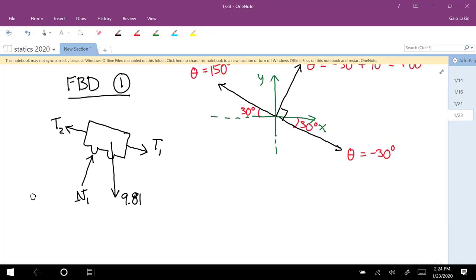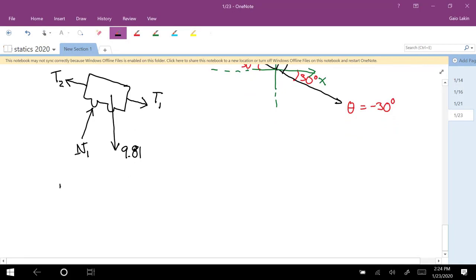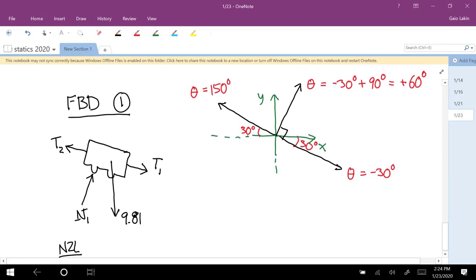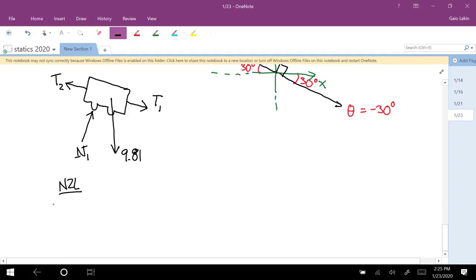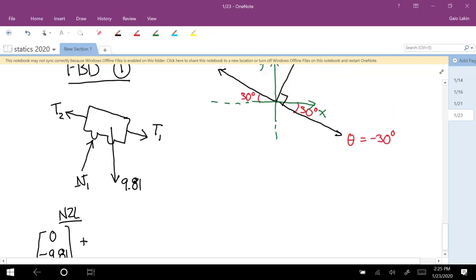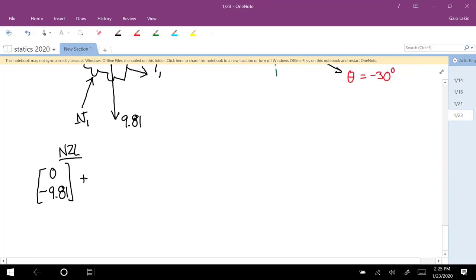Now we can go to Newton's second law. And Newton's second law says, so we have to put each one of these four forces in Newton's second law. We have 0, negative 9.81. Then we have the normal force, which is at 60 degrees. So that's N1 times cosine of 60, N1 times sine of 60.